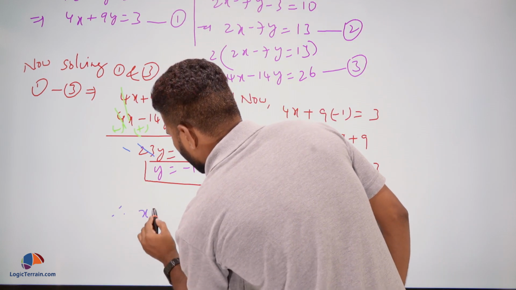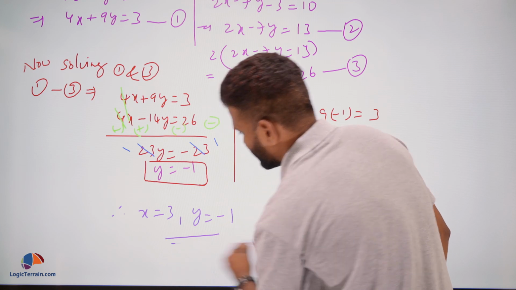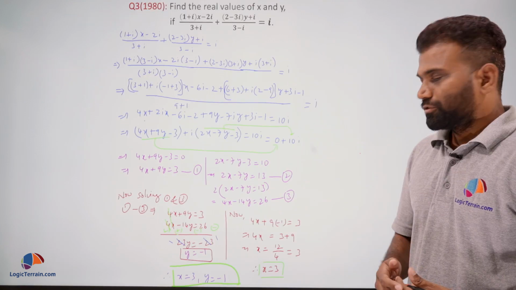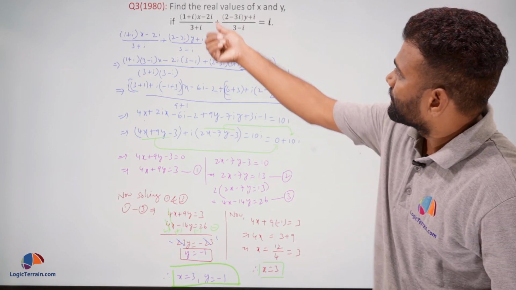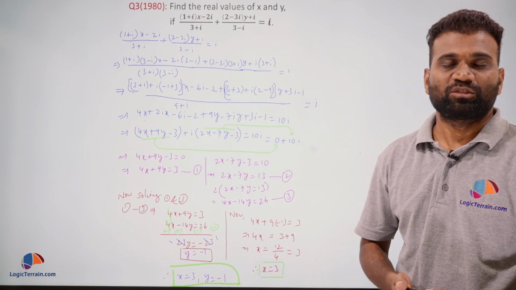So our required values, x is equal to 3 and y is equal to negative 1. So therefore the required real values: x value is 3 and y value is -1.